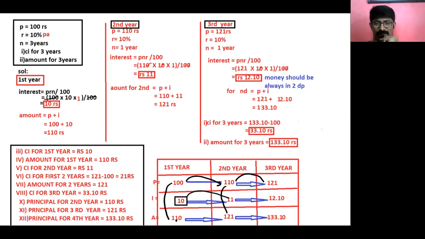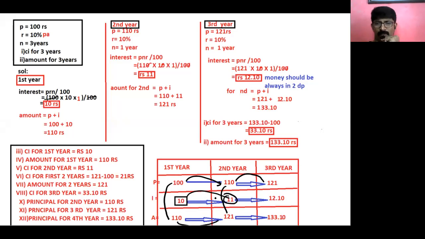Same goes over here also. If this is the principal, this is the amount, isn't it? When the principal is 110, the amount is 121. So the previous year's amount becomes the principal and the succeeding year's amount becomes the amount.